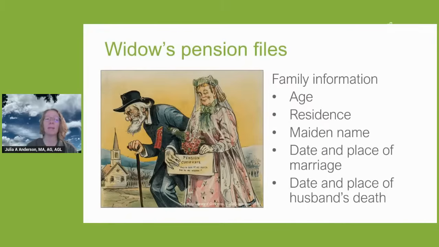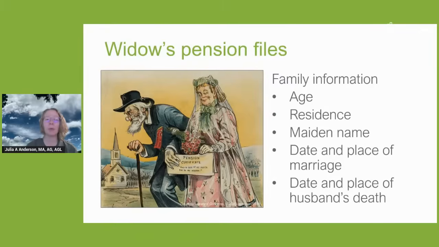Some widows' pension applications include a copy of a marriage record from the town clerk, a clergyman, or a justice of the peace. Sometimes family record pages from Bibles and other books were also submitted. If a widow remarried, information on her second husband and marriage may also be included in the pension file.